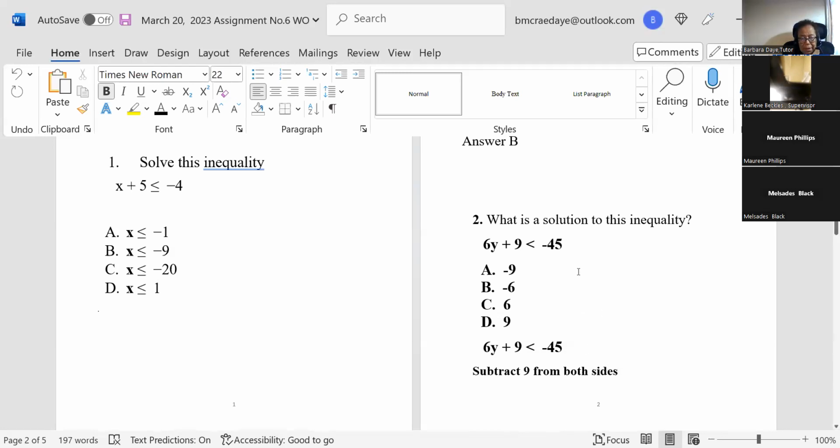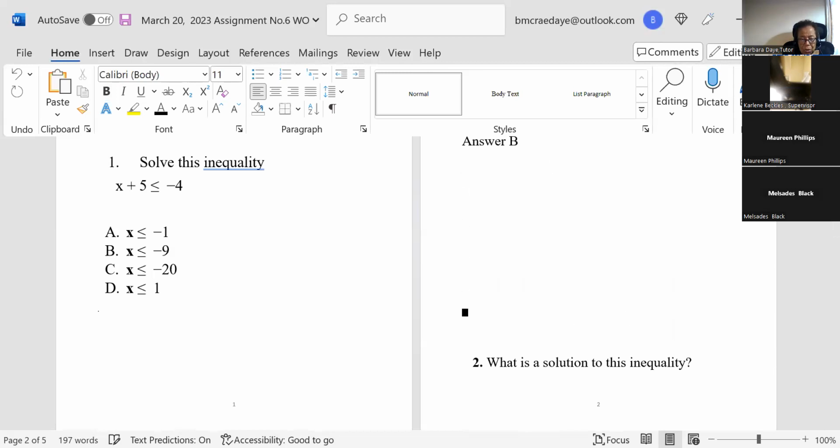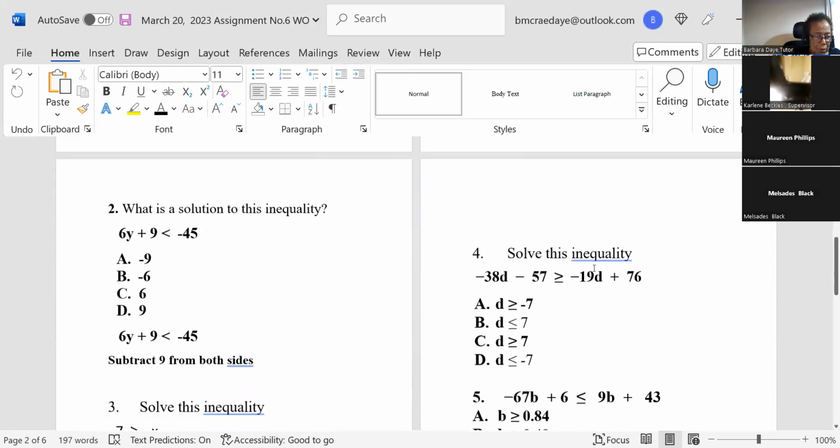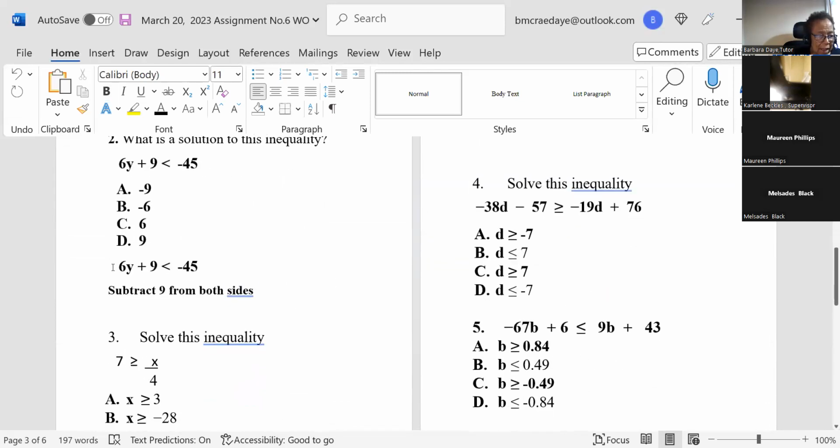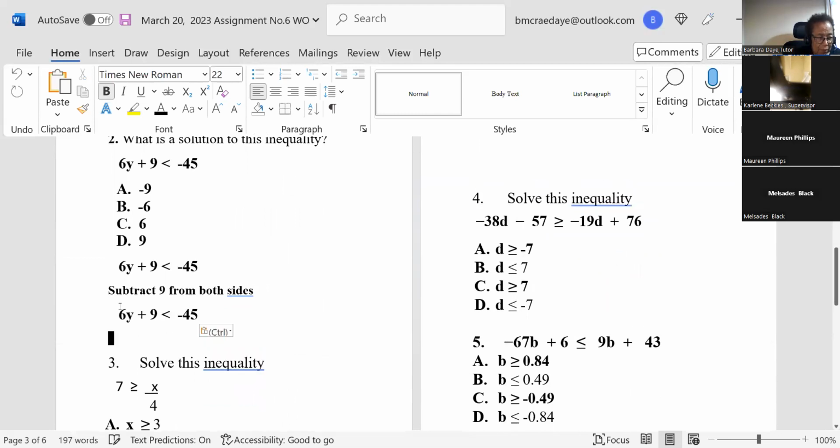Okay. Now, let me just bring this over to the next screen because I want it all together. Now, we want to subtract 9 from both sides. So let's take this expression and subtract the 9 from both sides. Okay, so -9 on the left and -9 on the right.